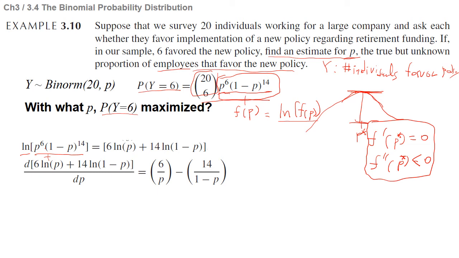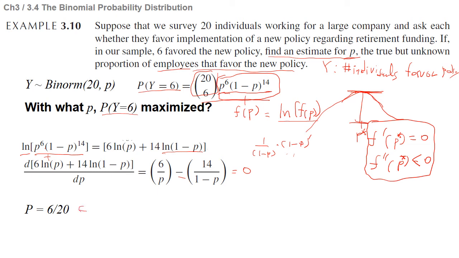After taking the derivative, the derivative of ln p is 1 over p, and the derivative of ln(1 minus p) is 1 over (1 minus p) times the derivative of (1 minus p), which is minus 1. So we have a minus sign here: 6 over p minus 14 over (1 minus p). Set this to 0 and solve for p. Then you are going to get p equals 6 over 20.